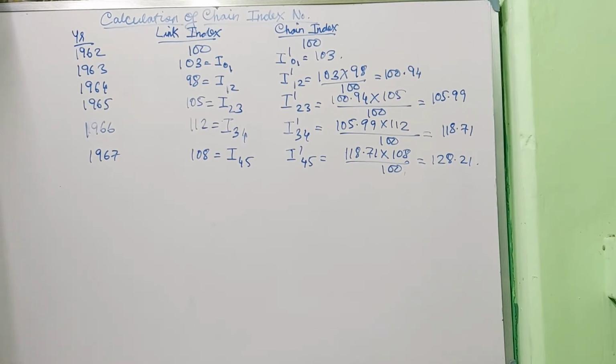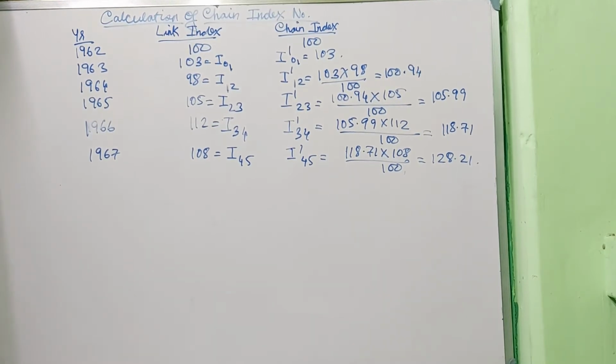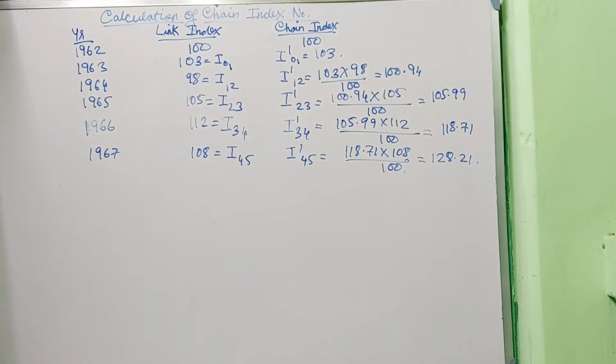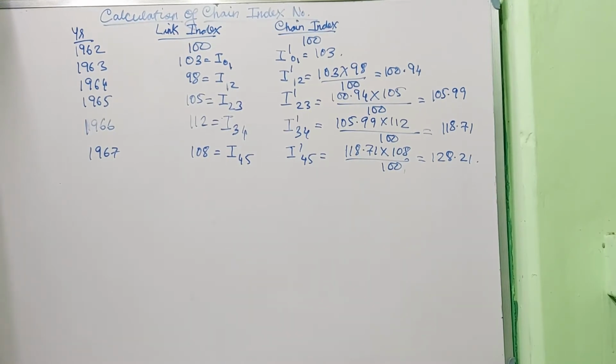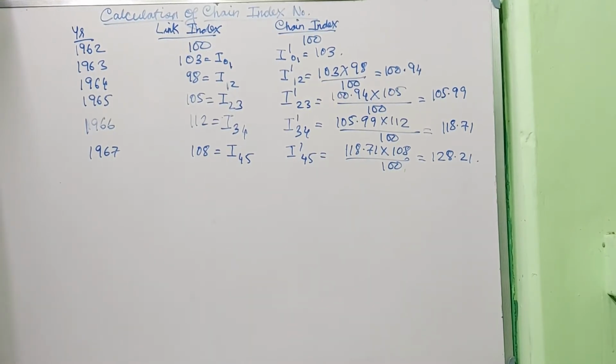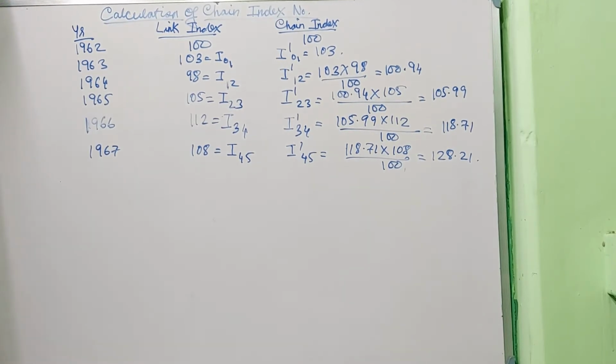Like in case of aggregate price method or simple method, we have used summation of Pn by P0 into 100. In this case, as it is a quantity, we will use summation of Qn by Q0 into 100.